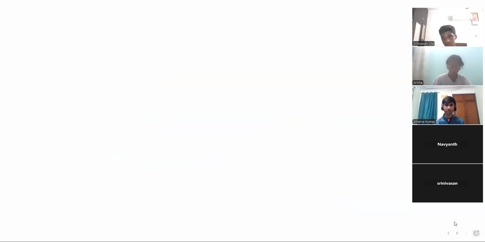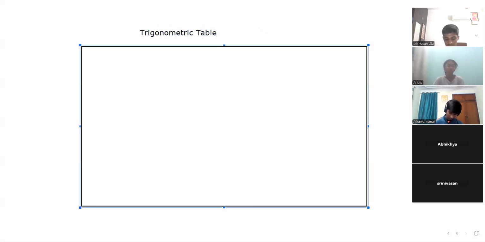Now let's make the trigonometric table. Here, I'll give you all the trigonometric values of all the standard angles and the reference angles. So you can draw the table with me. This is for functions.